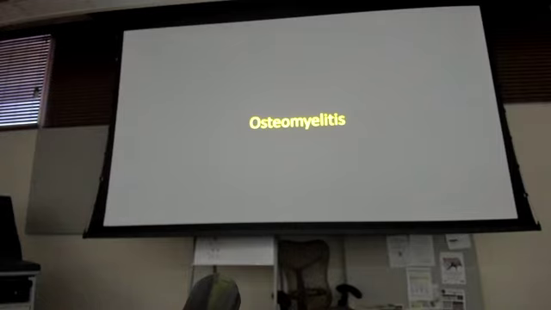Let's break down this word real quick. Osteo meaning bone, correct? Myel, M-Y-E-L, that is a root word that's supposed to denote bone marrow or spinal involvement. So in this case, we're talking about bone infection, correct? And that's infection that is not just superficial, it's in the bone marrow itself.